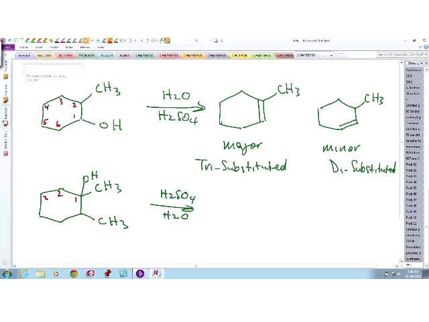This is carbon 1, 2, 3, 4, 5, and 6. Where will the double bond be for the major product? Between 1 and 6. Very good.